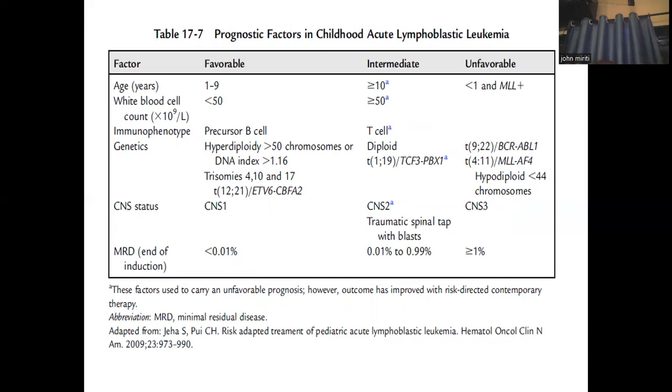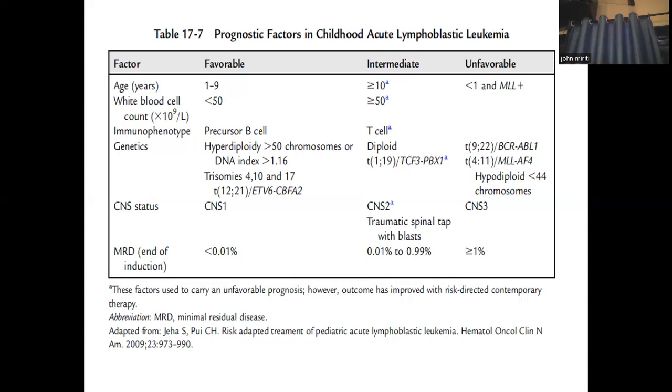With a white blood cell count of less than 50,000, favorable; more than 50,000, intermediate. For immunophenotype, precursor B cell. Hyperdiploid with more than 50 chromosomes, with a DNA index of 1 to 1.6, with trisomies of 4, 10, and 17. These ones are favorable.